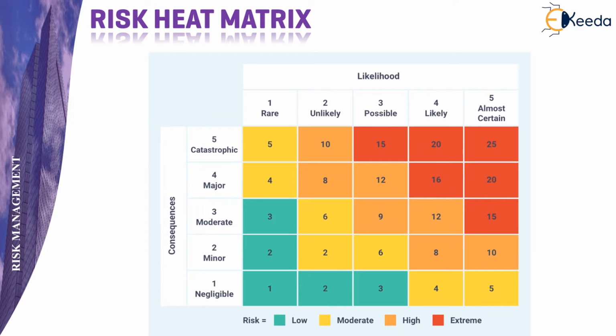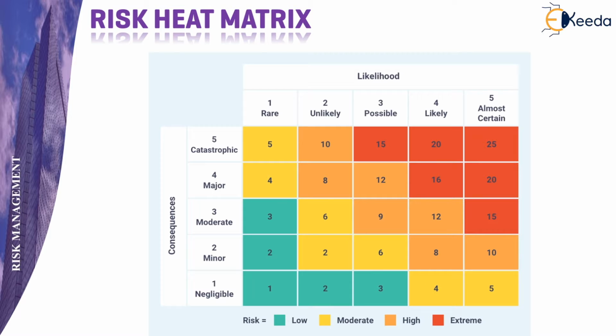In qualitative risk analysis, we tend to prepare the risk heat matrix or probability versus impact matrix. The green zone here shows the low risk area, that is, if you multiply the likelihood score of 1 with the impact or consequence score of 1, it is 1.